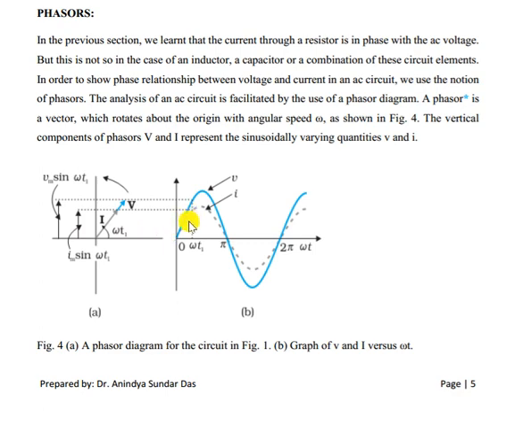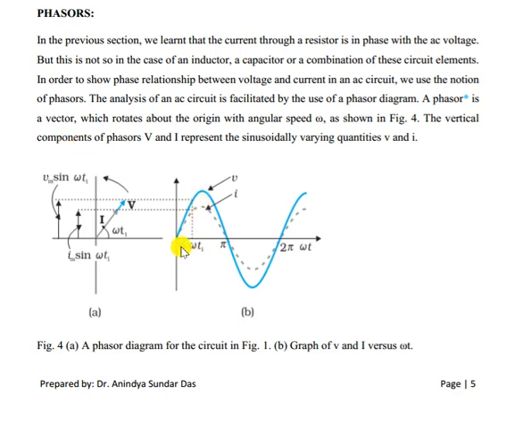Now when this is V, we can draw a line here, and that is your V. If we draw a perpendicular line up to the x-axis, this value is nothing but your V. And for I, this is the point, and if you draw the perpendicular to the x-axis, this is your I. So this is your vector which is rotating in the anti-clockwise direction.